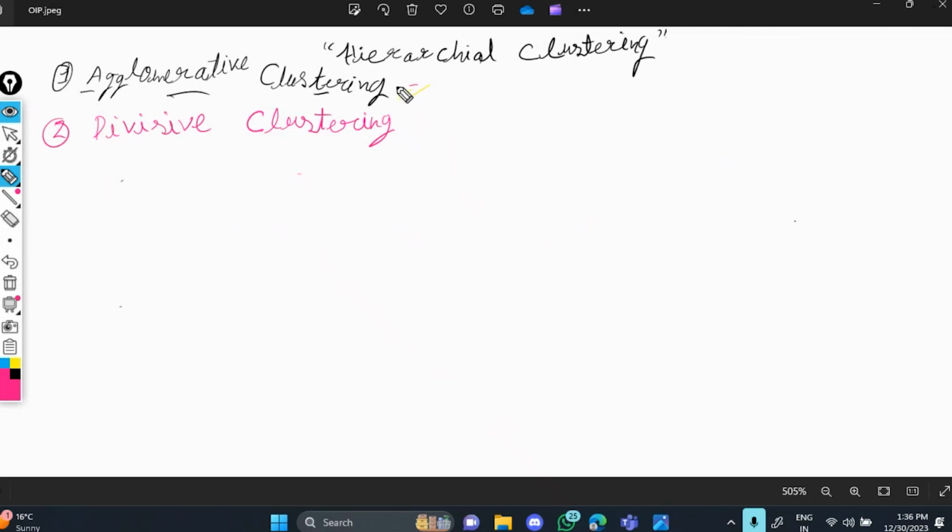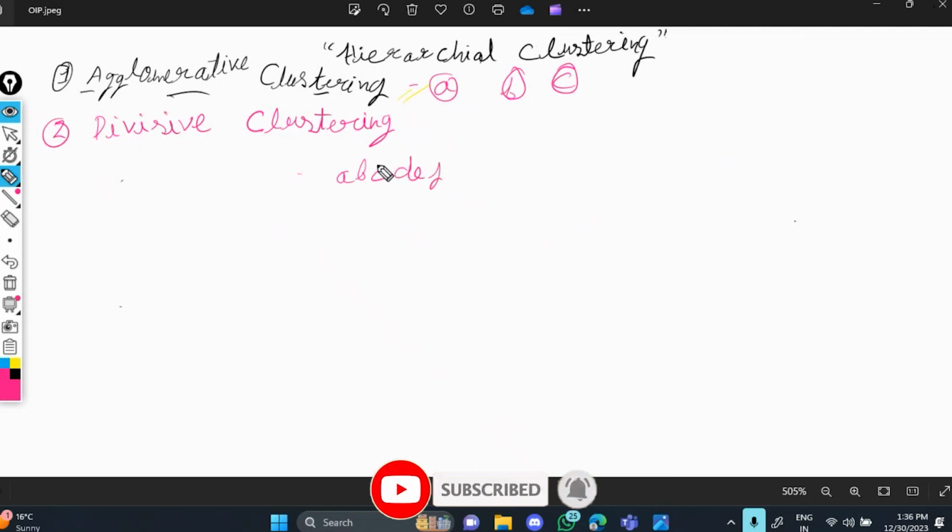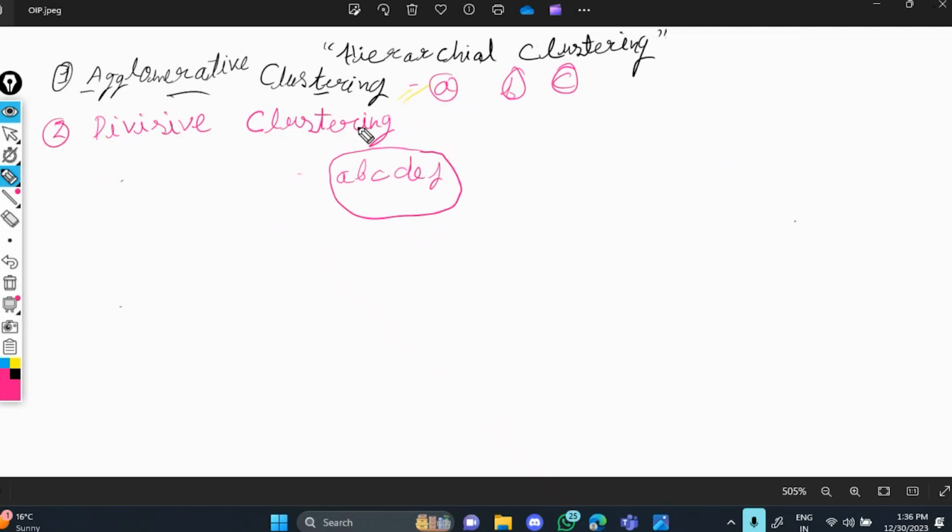When we are talking about agglomerative clustering, we have different records A, B, C, or D, right? But in divisive clustering, we have only a single record like A, B, C, D, E, F. Now in divisive clustering, we have to check the distance of each record and find which one is the farthest or maximum one. We have to remove them one by one.